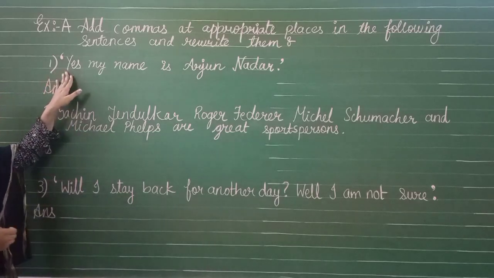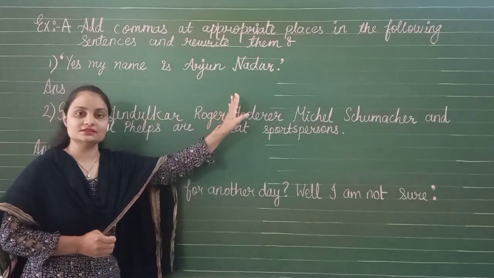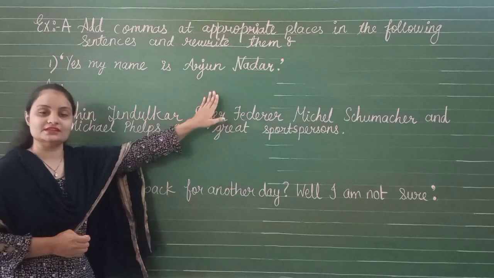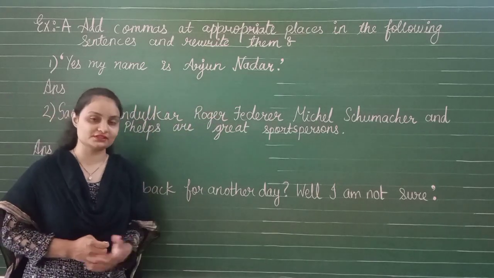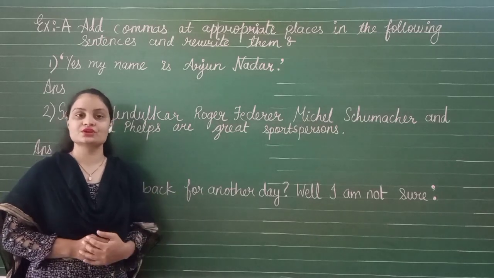First is, "Yes, my name is Arjun Nagar." Here the sentence is, yes, my name is Arjun Nagar. The yes is the word which shows the introductory word. After introductory word, we always use comma.